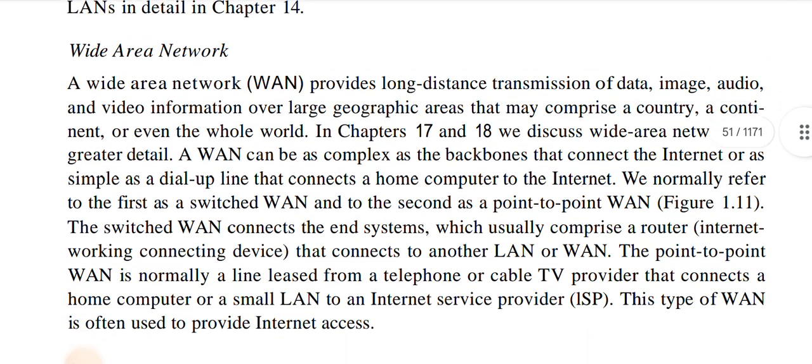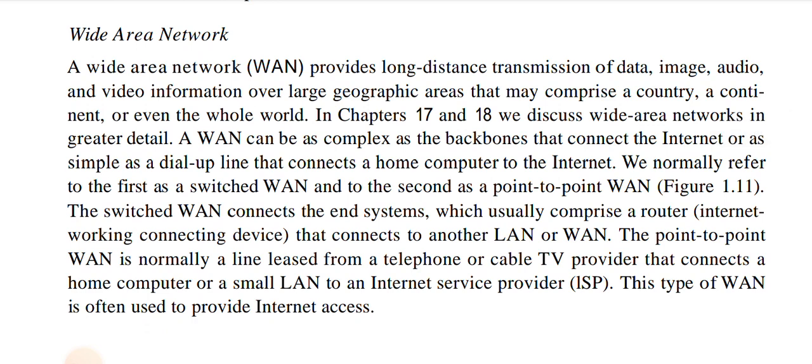Wide area network (WAN). A wide area network provides long distance transmission of data, image, audio, and video information over large geographic areas that may comprise a country, a continent, or even the whole world.